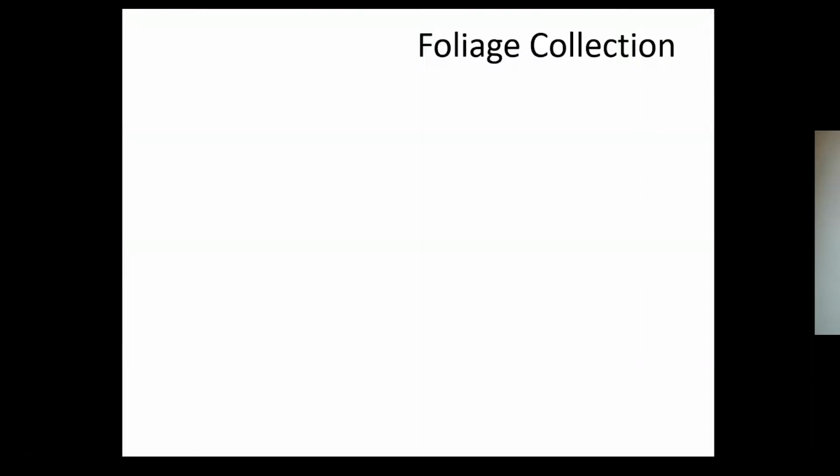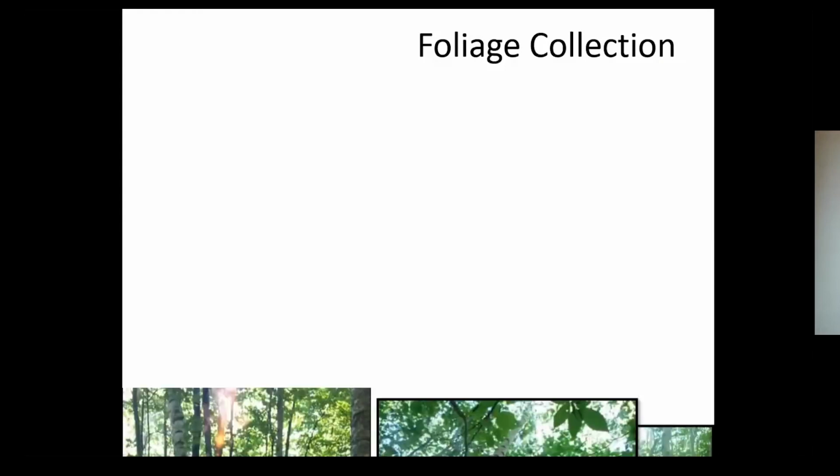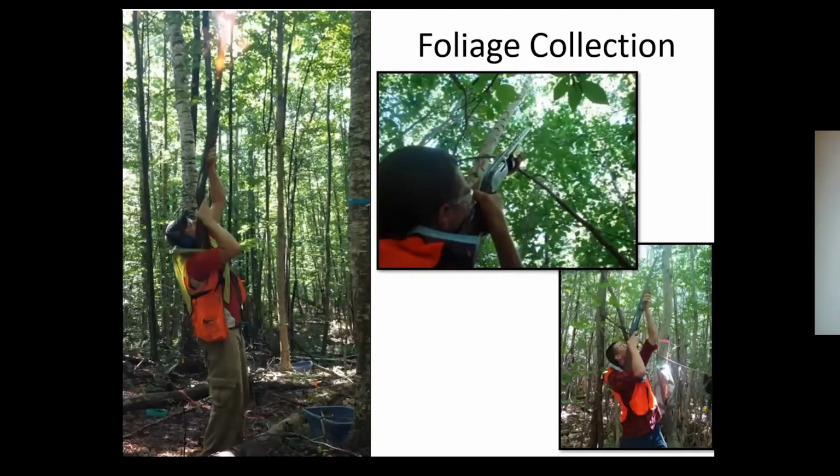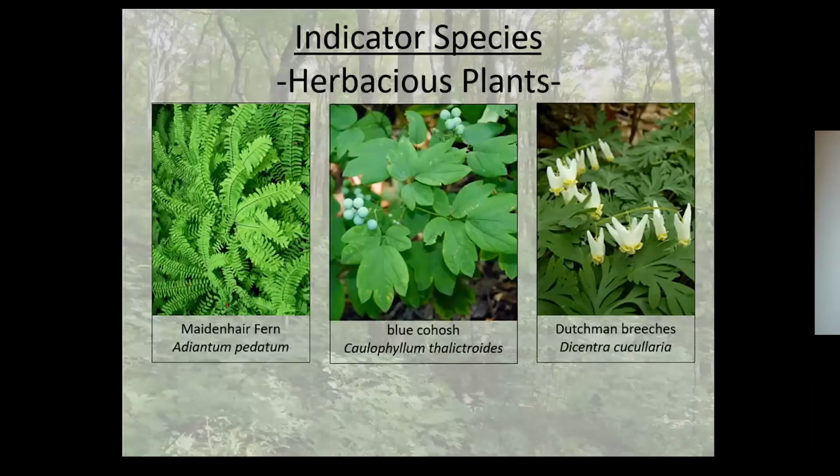If you want to do a foliage collection of your mature maple trees, you want to get leaves way at the top of the canopy, your sun-exposed leaves, because those are the ones doing the most photosynthesis, the most productive leaves. Unfortunately, that's tough to get samples of. One of the most efficient, fastest ways to do it is actually to shoot a little branch down with a shotgun. It does work, but it's not necessarily the easiest way to do it.